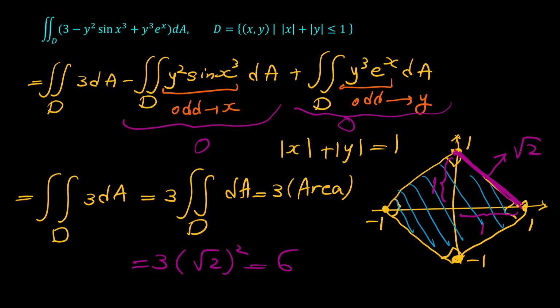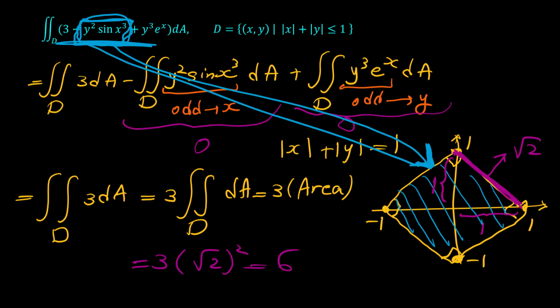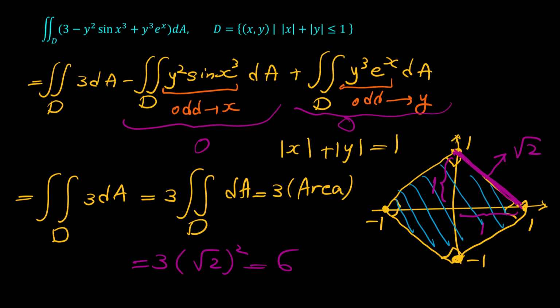The other thing that I have to mention is that if you want, for example, to find the double integral of the function y^2 sine of x^3 over this region, you cannot find this with integration techniques, because for finding the integral of sine of x^3 with respect to x, we don't have any formula or any method.